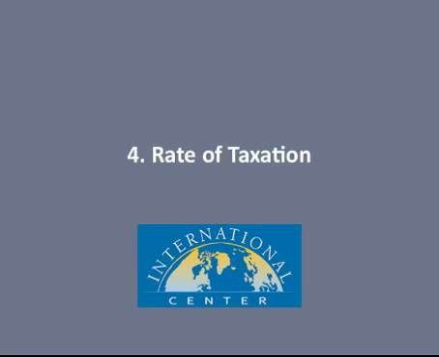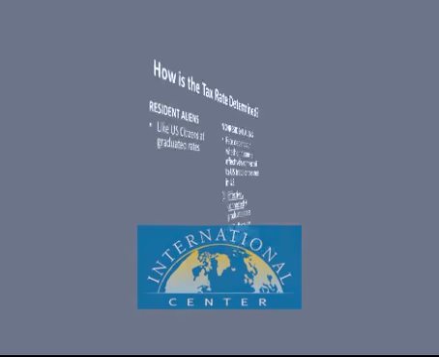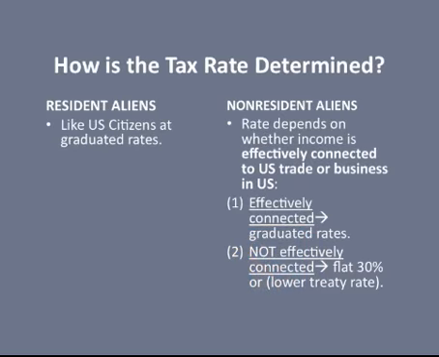How do you know at what rate your income will be taxed? Income tax rates for resident aliens are the same as they are for U.S. citizens. These rates are graduated rates, and they are determined based on looking in a particular table for your taxable income and filing status. The income tax rate for non-resident aliens depends on whether the income received is effectively connected to a U.S. trade or business.